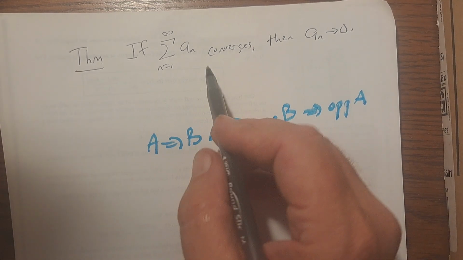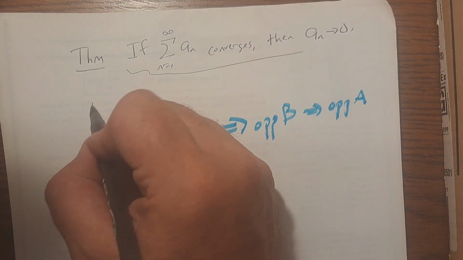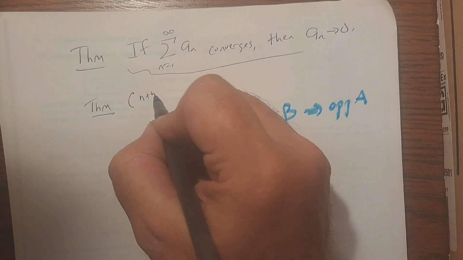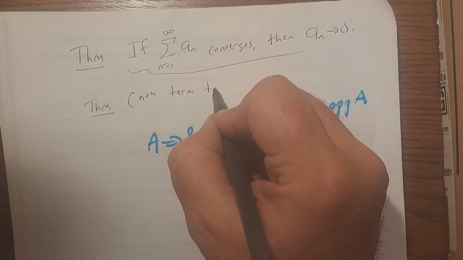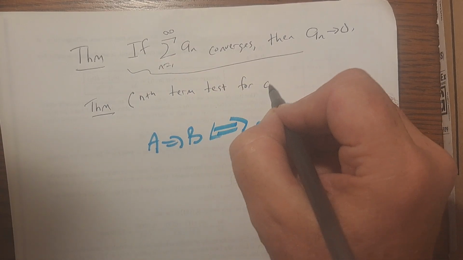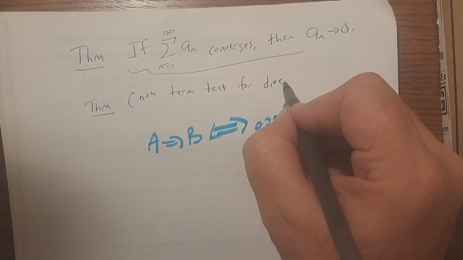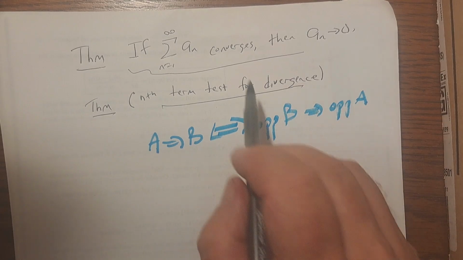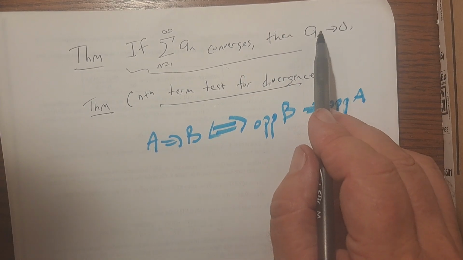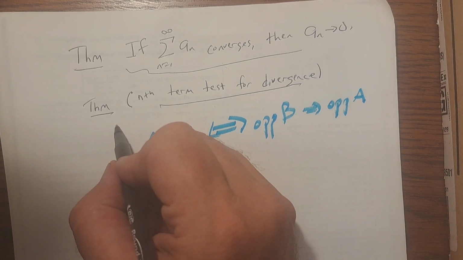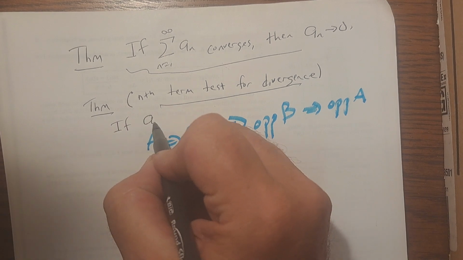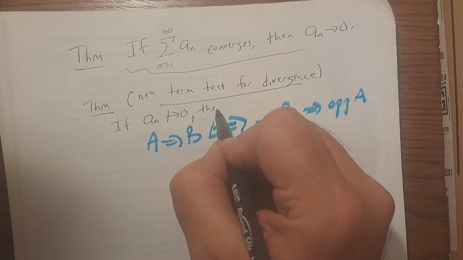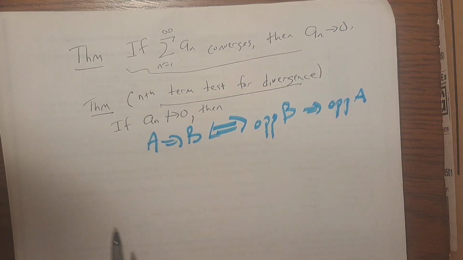So if that's true, then a consequence of this theorem, and that consequence is called the nth term test for divergence, is the opposite of the outcome. The opposite of the terms going to zero, then the opposite of the part you supposed.